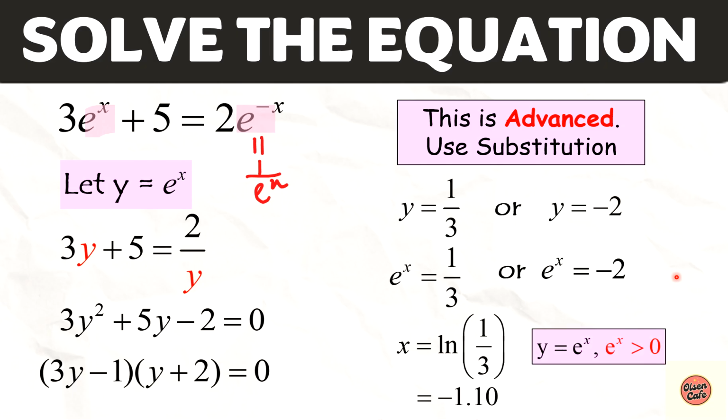So I will have to write down the statement that there is no solution for this function here. Hence, for this exponential equation, there is only one solution, which is x equals negative 1.10. So do pay attention to this type of question whenever you deal with a negative value.